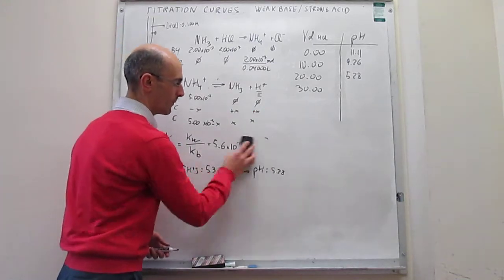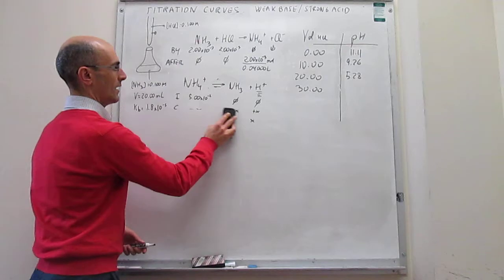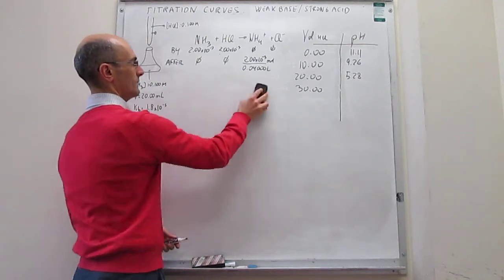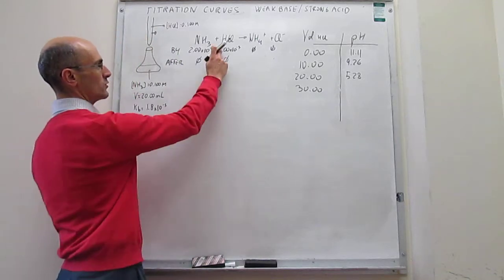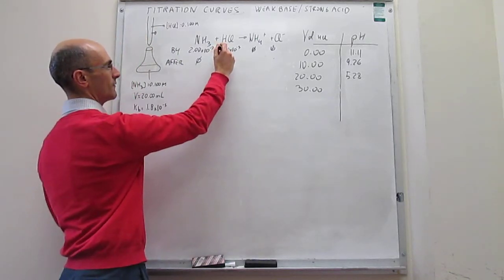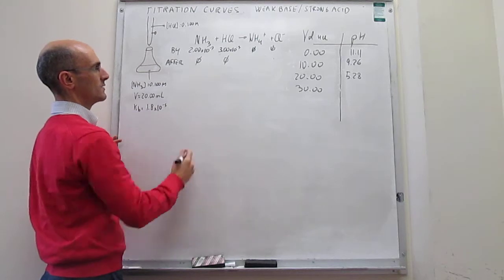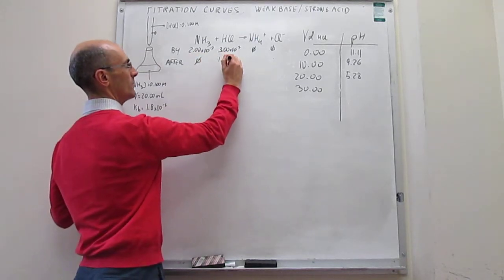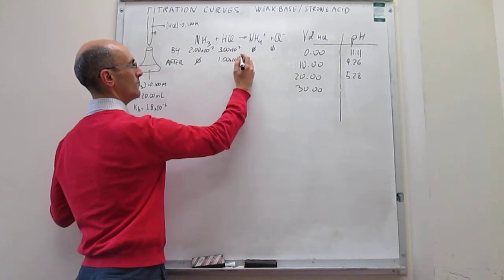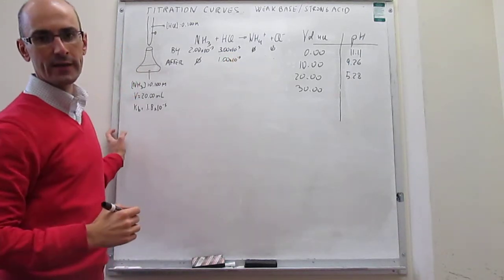Now we're past the equivalence point, and we have added 30 mL of hydrochloric acid. So we go to our stoichiometric calculations, and you will have that this is what you have added. There's no leftover of the base, and there's 1.00×10^-3 moles left over of hydrochloric acid.